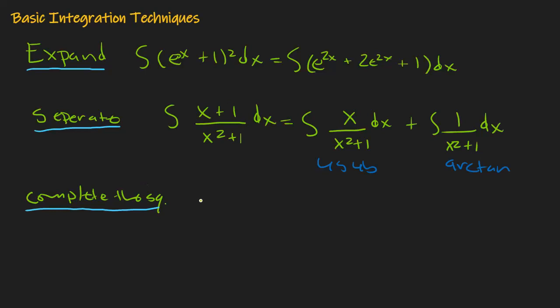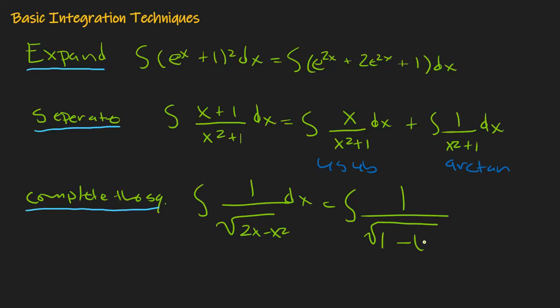For example, if we have the integral of 1 divided by the square root of 2x minus x squared dx, and I rewrite it by completing the square as 1 over the square root of 1 minus (x minus 1) squared, now this is actually just u sub. But it's also looking at arcsine in either case for the integration.